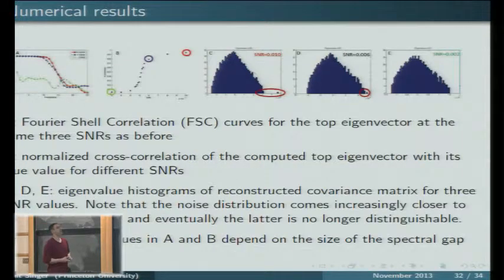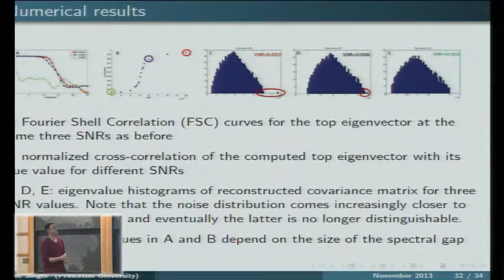So what is going on here is the same phase transition phenomenon that most of you are familiar with. If I'm looking at the spectrum of my sample covariance matrix that I created, then at high SNR, you can still clearly see this one eigenvalue separated from the bulk of the spectrum. And there is a nice spectral gap.